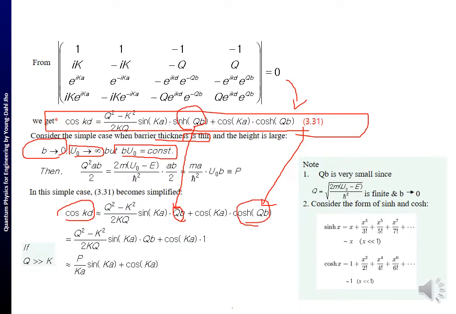Okay, so actually it's almost 1 because here QB is very small. Since Q is defined like this, Q equals the square root of 2m(U0 minus E) over h bar square, it is finite.